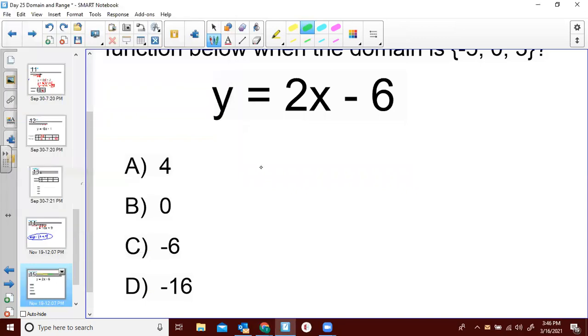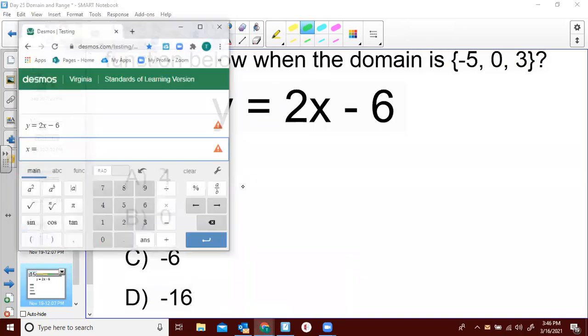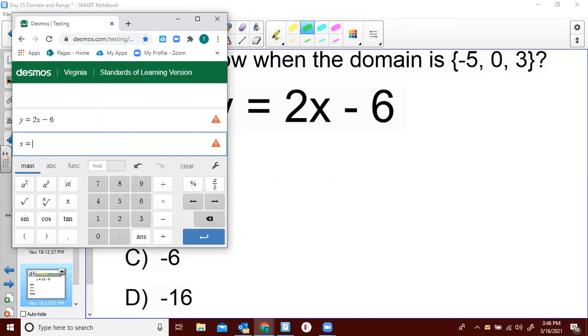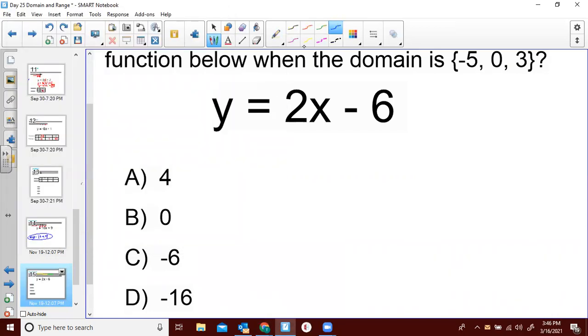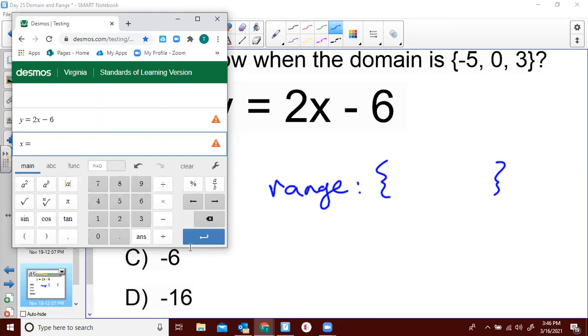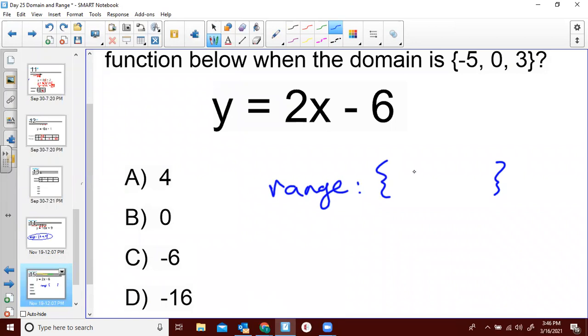What are our values? -5, 0, and 3. So we're going to have my pen back for my range. We're going to have -5 for x. And you'll see I get a -16.